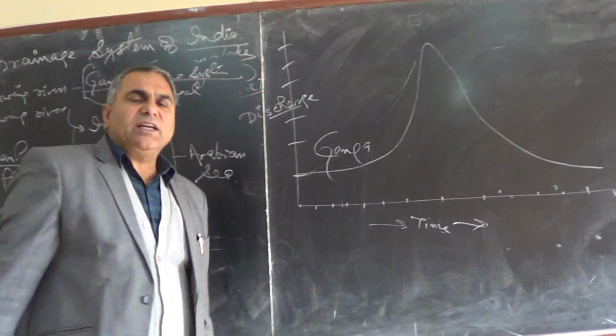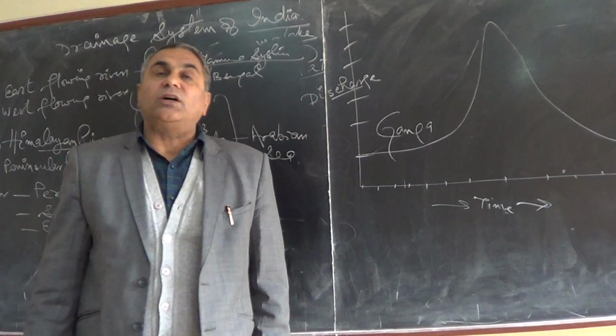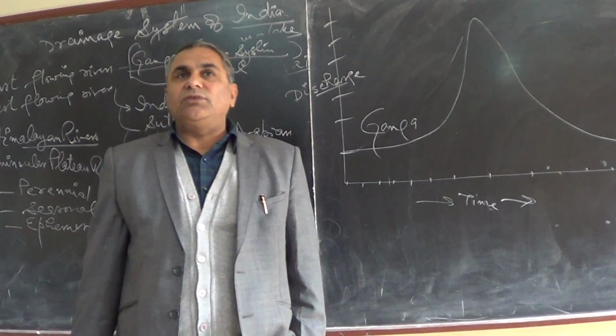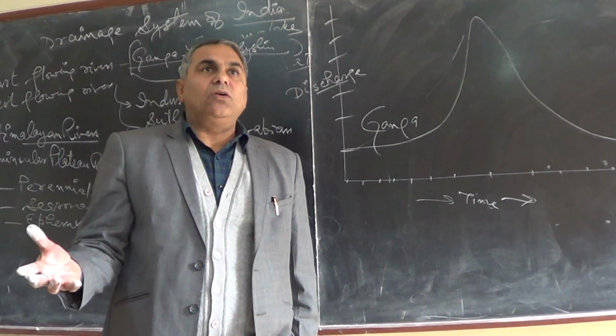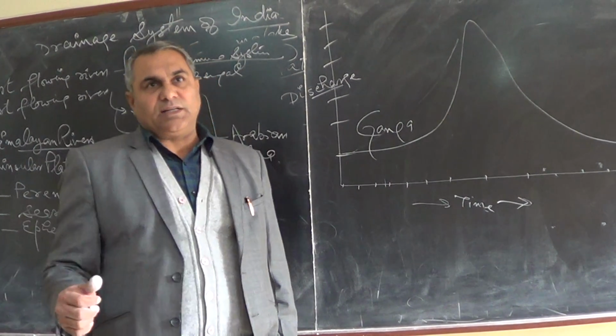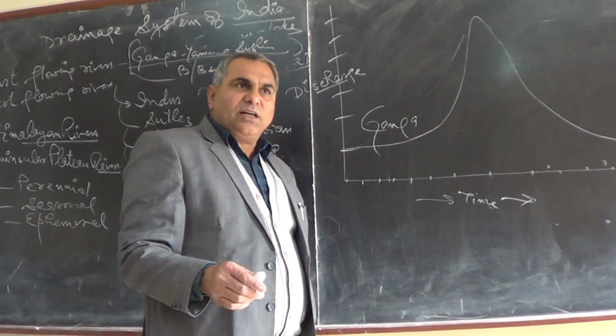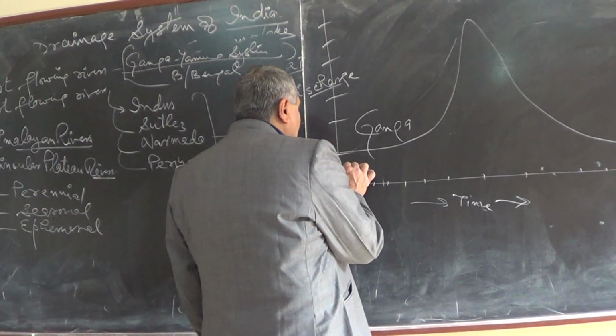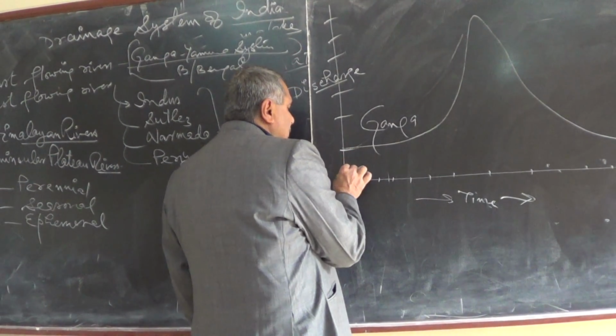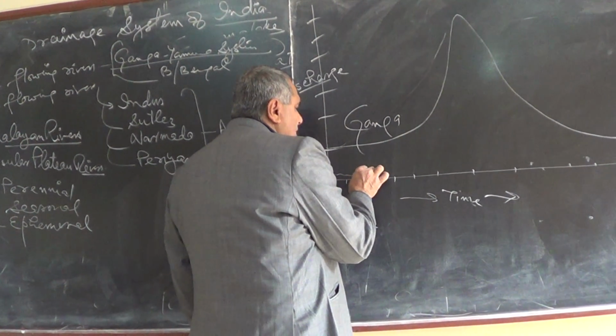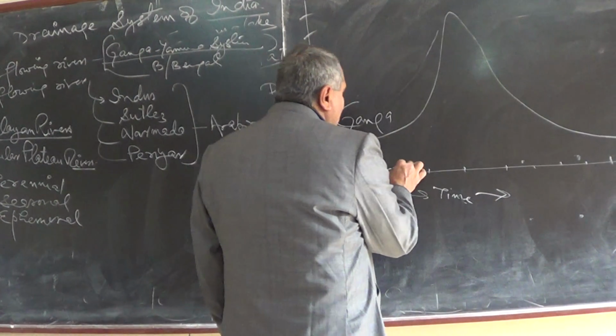But if we take any tributary of South India, of any major river, say Godavari, or Krishna, or say Tungabhadra river, the amount of water during this season is almost nil. Sometimes it is very low.